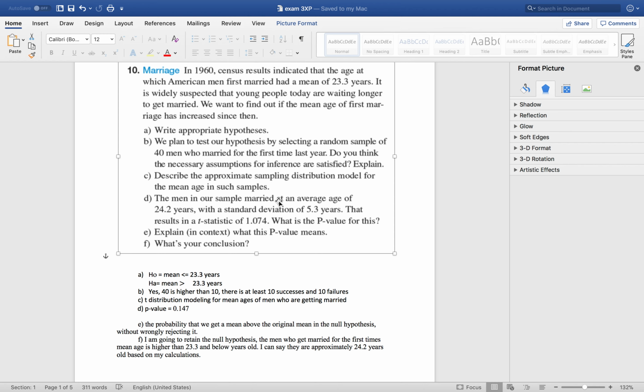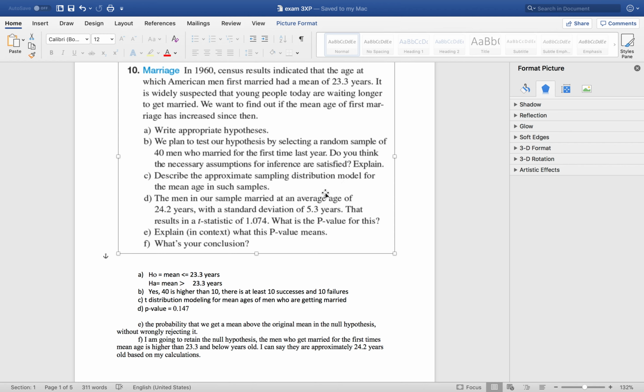Successes would be less than or equal to 23.3 years, and failures higher than 23.3 years. I said 40 is higher than 10, so there are at least 10 successes and 10 failures, and that is a way to indicate whether the distribution is normal and the assumptions are satisfied.